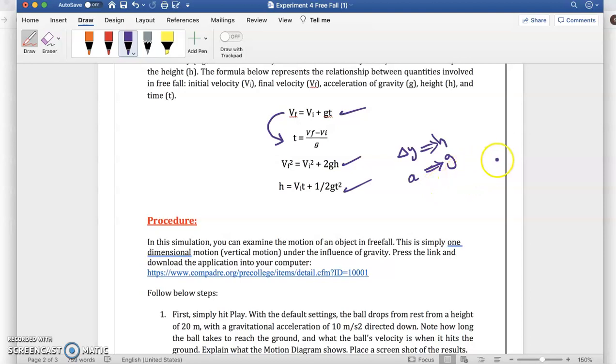In the horizontal axis, it used to be a bit more complicated, but here we only have one kind of acceleration, which is the gravitational acceleration. All right, that's just the physics part of it.